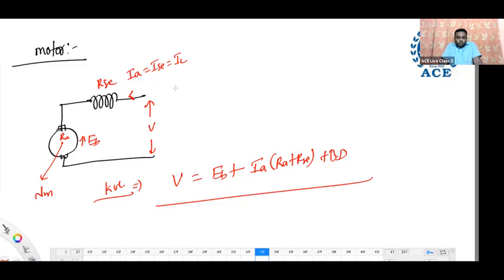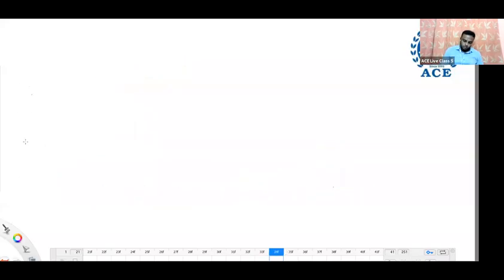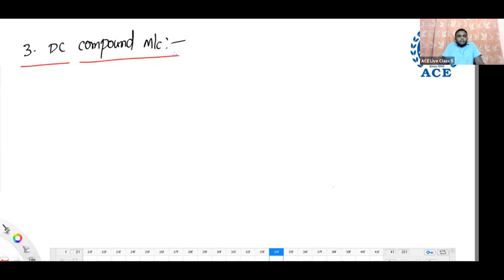Next, the third category in self-excited is the compound machine, the DC compound machine.